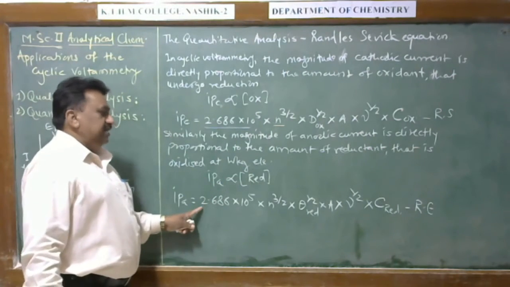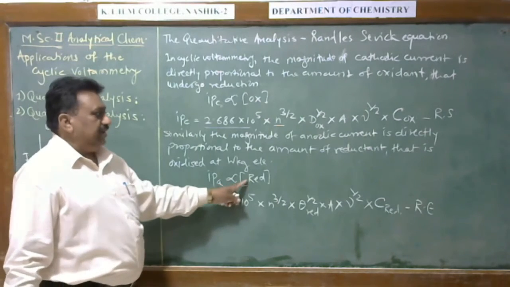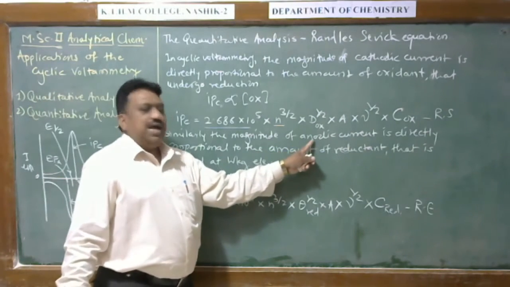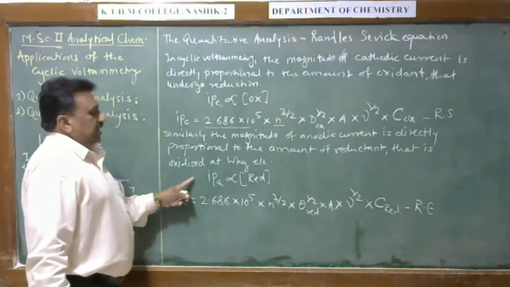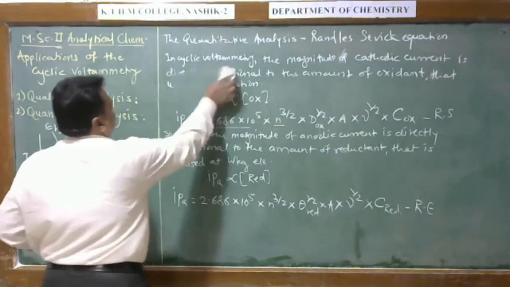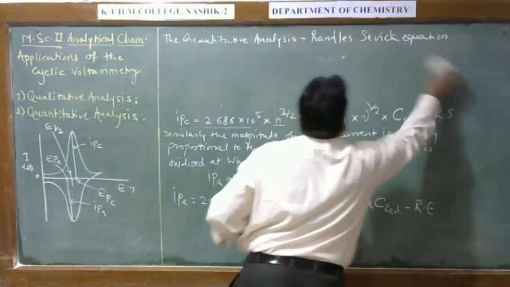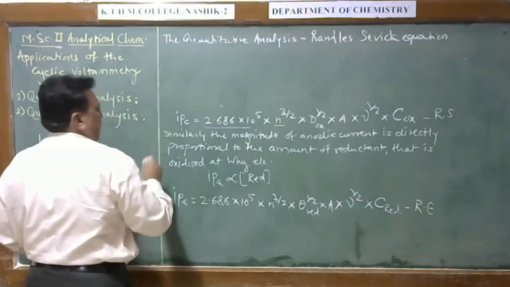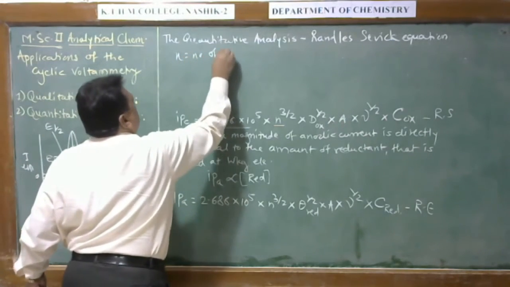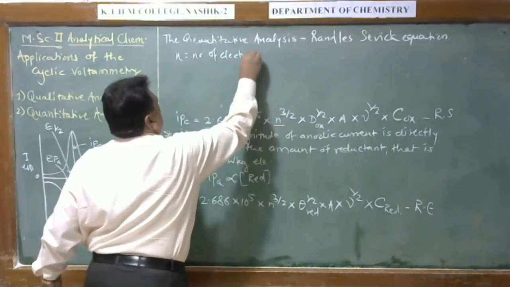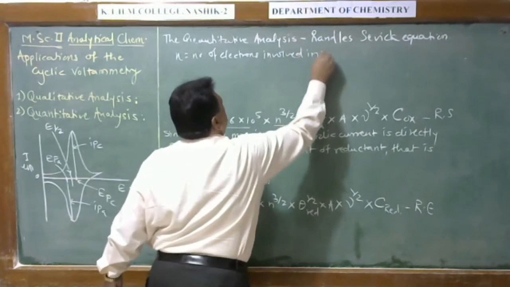The second equation is utilized for determination of the concentration of a reductant if we measure the anodic current, that means the species undergoing oxidation. In these two equations, that means in the Randles-Sevcik equation, n is equal to the number of electrons involved in the redox reaction.